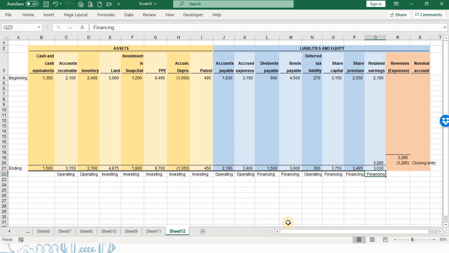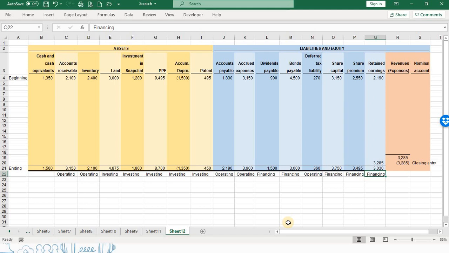First is to determine the nominal accounts related to investing and financing activity that we need in order to adjust the net income of 3,285. And the next goal is to determine the cash inflows and cash outflows, indirect method, related to the investing and financing activity.